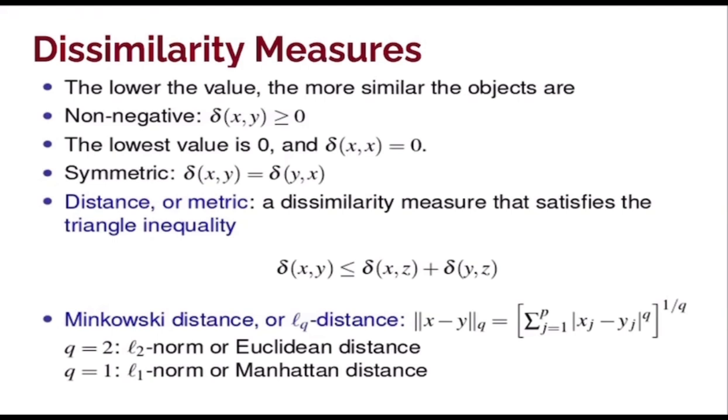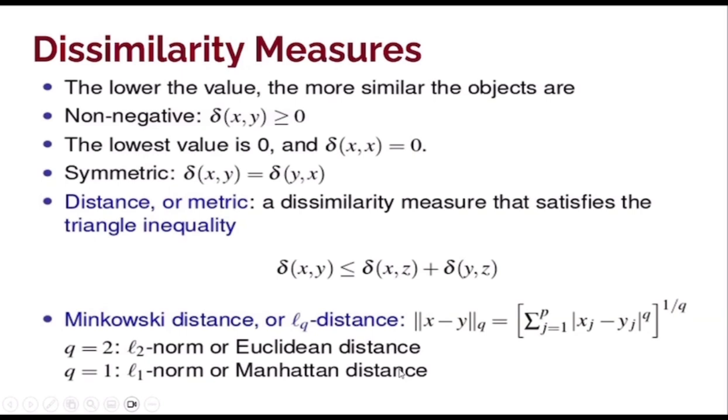We remember in this class we talked about the norm, the norm of X minus Y. In q space, we have this formula. This is a generalized formula, the Minkowski distance.